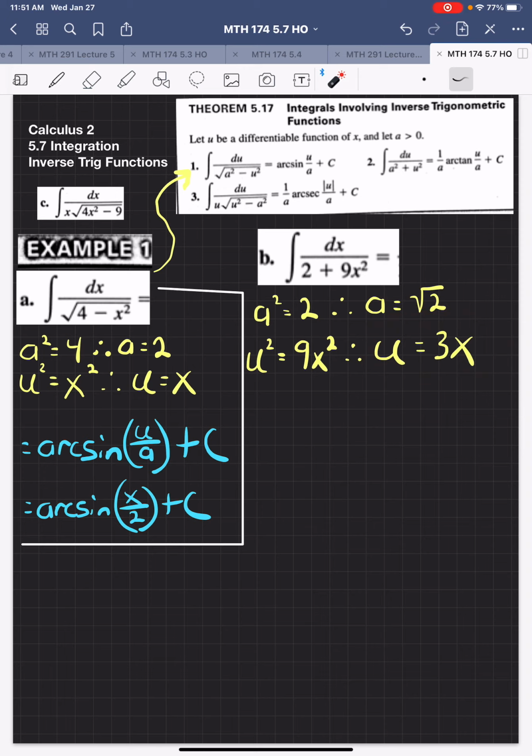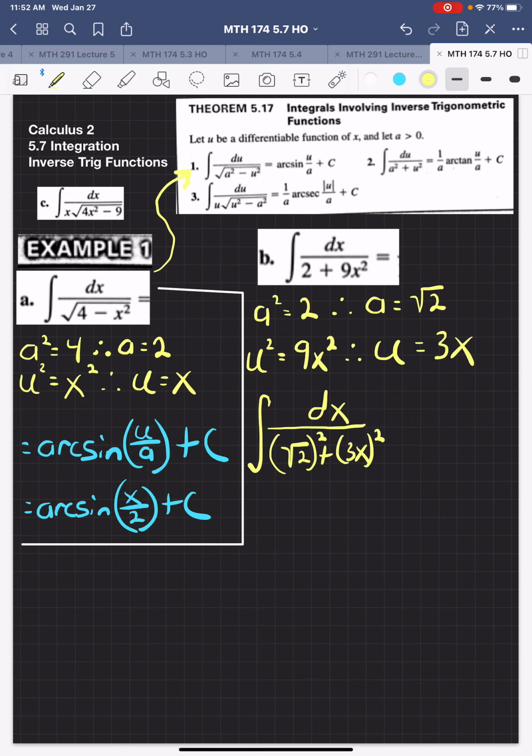So let's go ahead and plug everything into our formula. At this stage, we would have the integral of dx over the square root of 2 squared plus 3x squared.